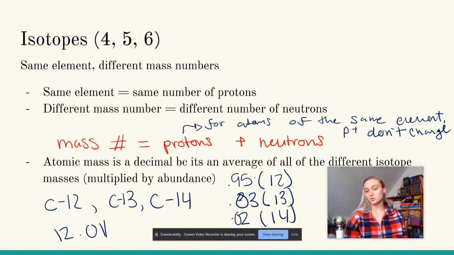So you do this multiplication, and then you add the products of all of these together, and you'd probably get something close to 12.011. So when people make atomic masses, they multiply the abundance of each isotope times the mass of that isotope, and then they add all of the isotopes together, and then they get their atomic mass. And so it's an average. And so that's why it's a decimal, which I might ask you.